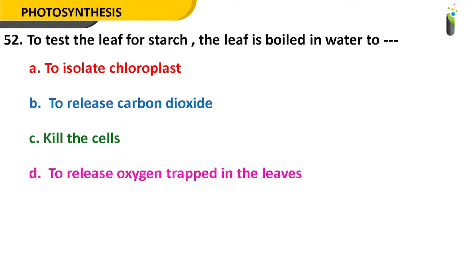So to test the leaf for starch, the leaf is boiled in water. Why? The answer for this question is C. To kill the cells. So to test the leaf for starch, the leaf is first boiled in water in order to kill the cells.